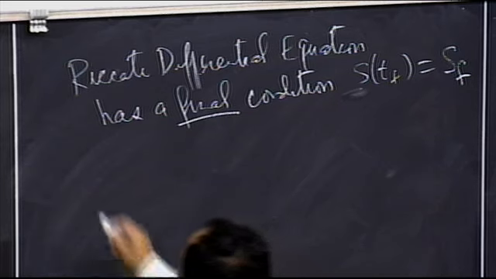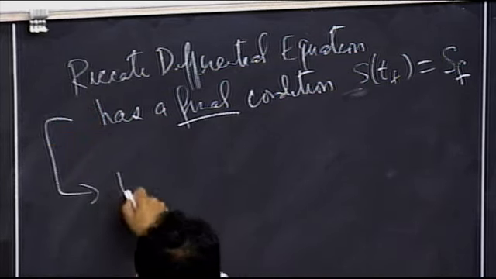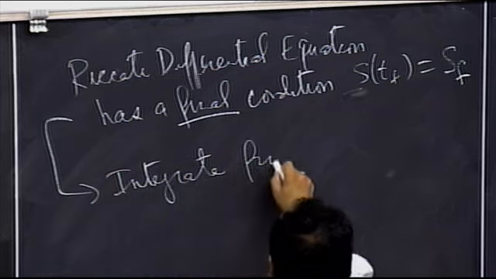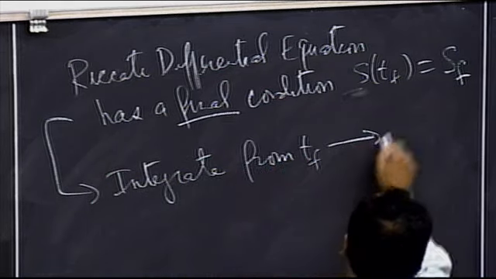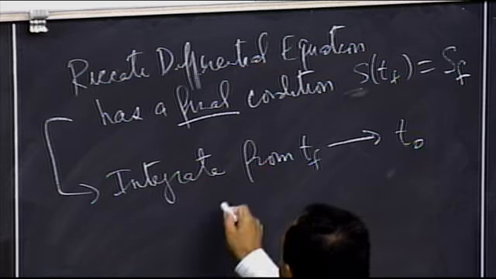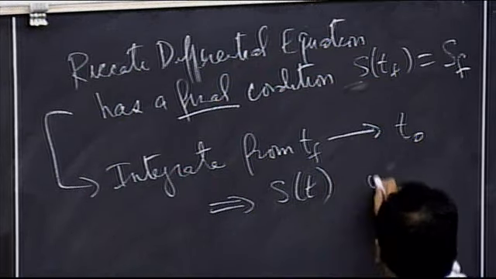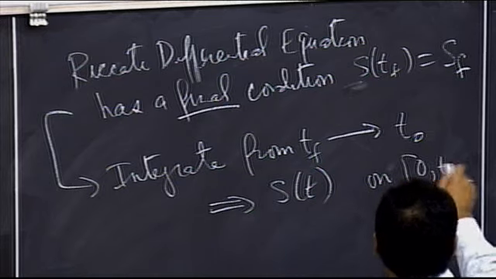So you can integrate it from TF back to T0, and this will generate for you S of t on 0 to TF.